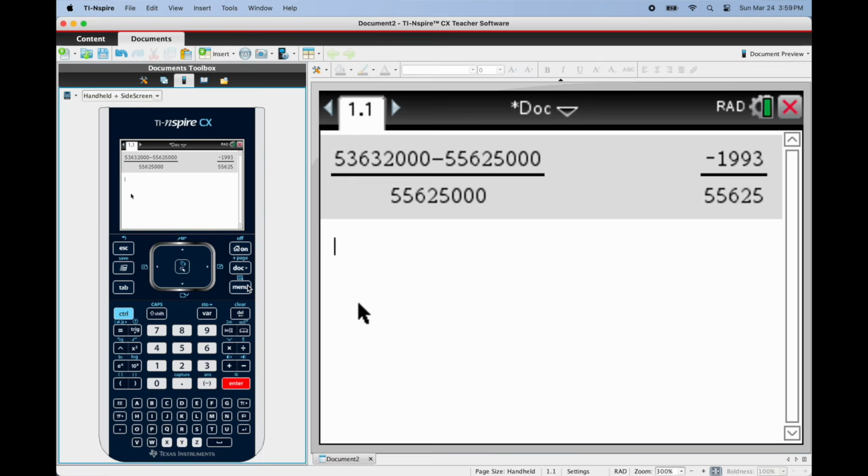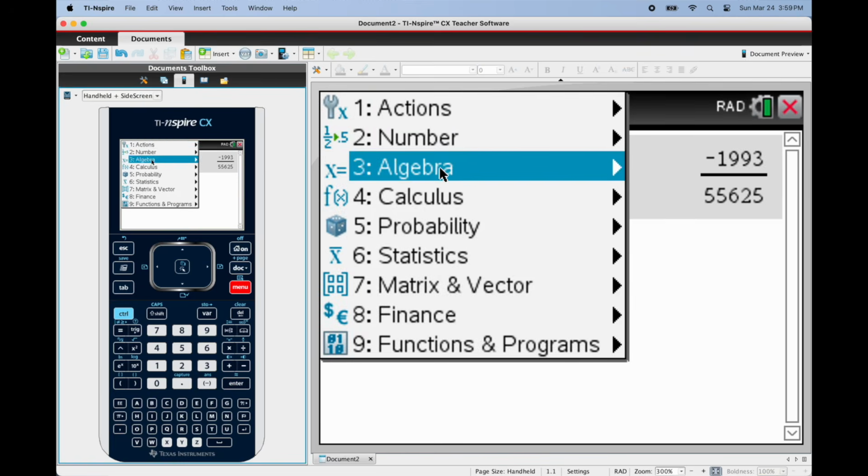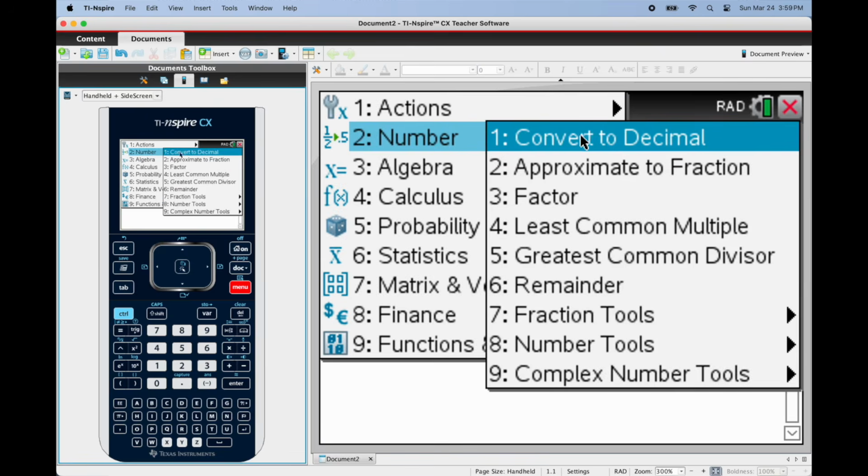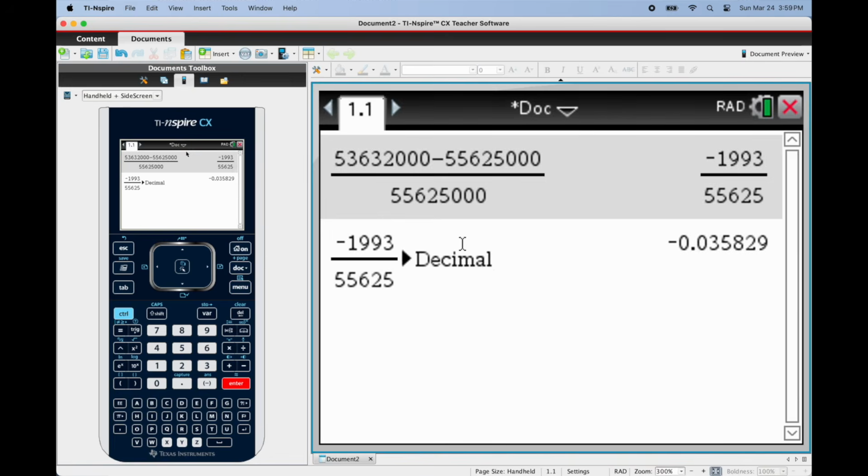That's not particularly useful. Let's go ahead and look at number, and we'll ask to convert this to a decimal. So remember, it's a negative. We don't want a negative, so we'll just take the magnitude, that is to say, the non-negative value of this. But first, of course, we need to multiply by 100 to write this out as a percentage.